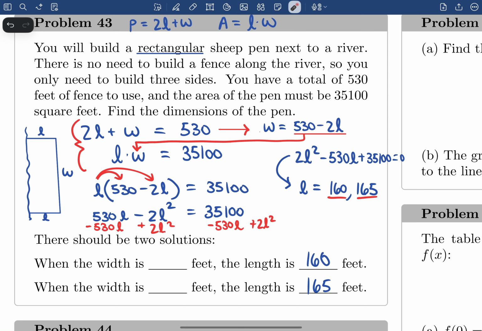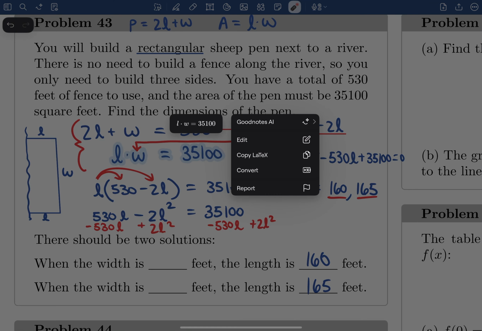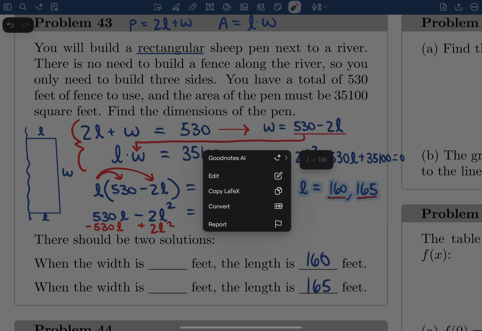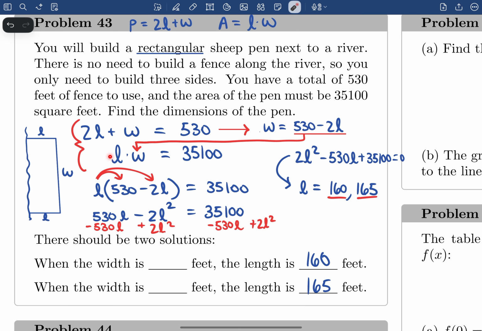What is the width? And so I'm going to use perhaps the second formula right here. Length times width equals 35,100. And I'm going to plug 160 in for the length right there, and then 165 in for the length as well.